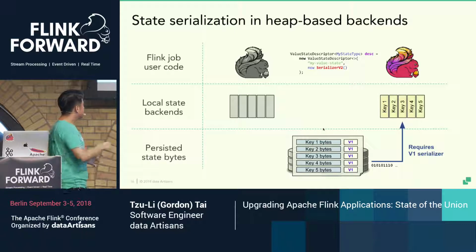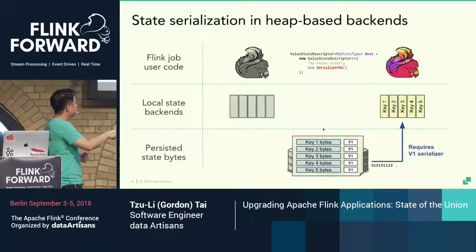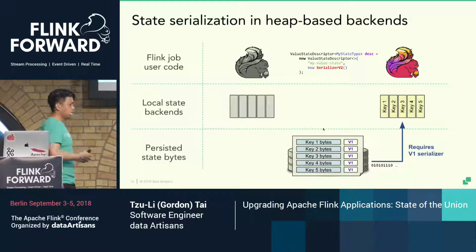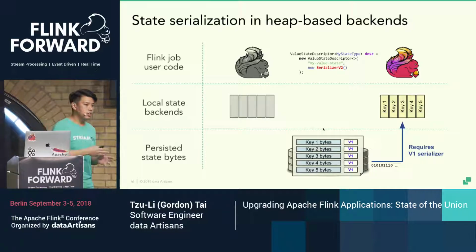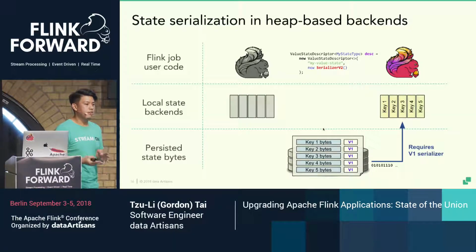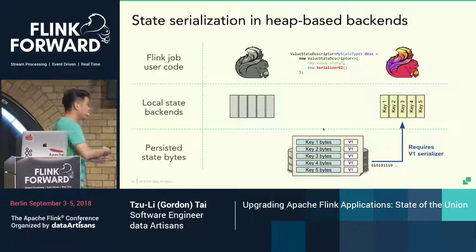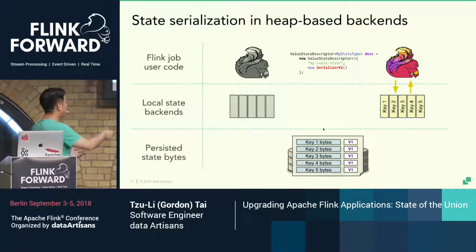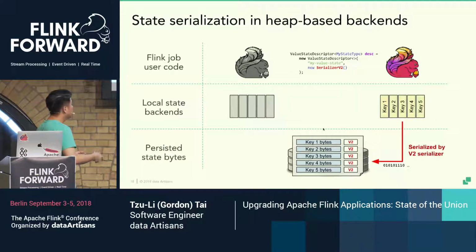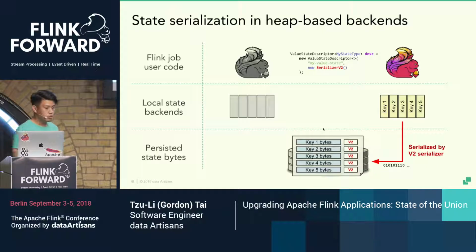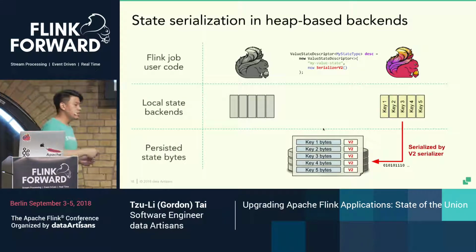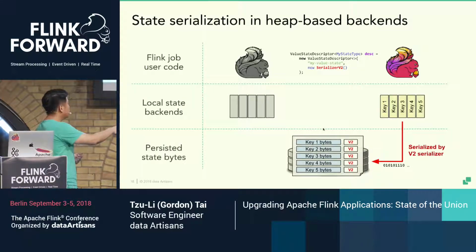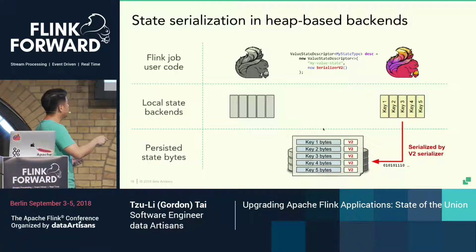The catch is that all we need for this restore to be successful is that serializer version 1 is somewhere around and available. Once this happens, everything is back to Java objects, and we can continue with whatever we need to do. But when we now take a save point, it is serialized by the version 2 serializer. So the serialization schema in the save point would be all of version 2.